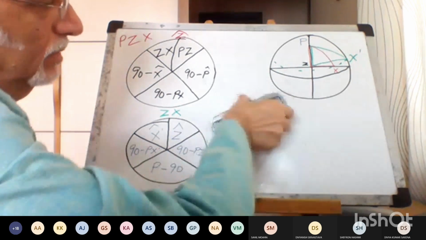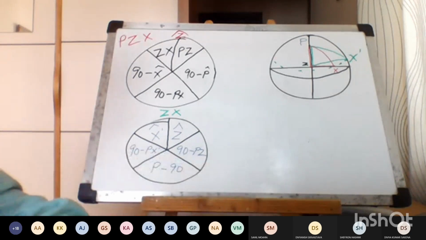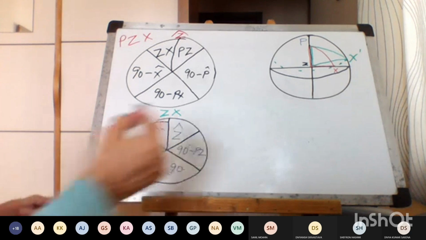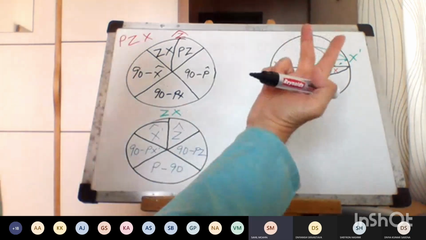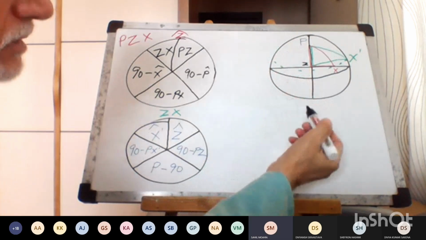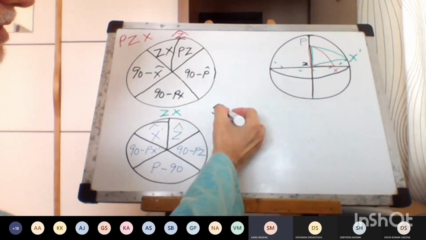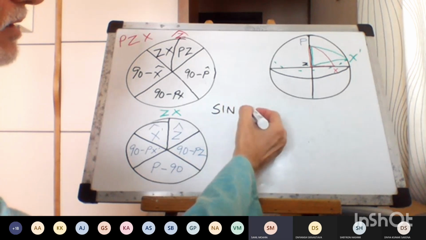Finally, we have to use a formula to solve this. Does anyone know the formula? There are two ways in which you can do it, depending upon what value is given to you in the question. Sine mid part is equal to tan adjacent part 1 into tan adjacent part 2.